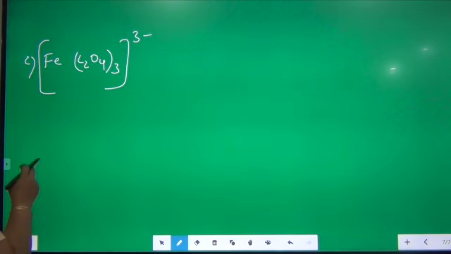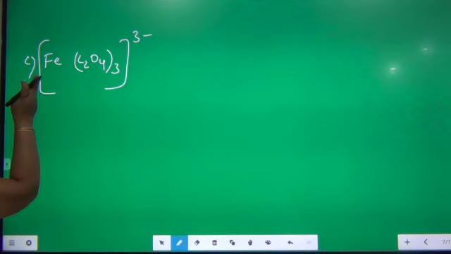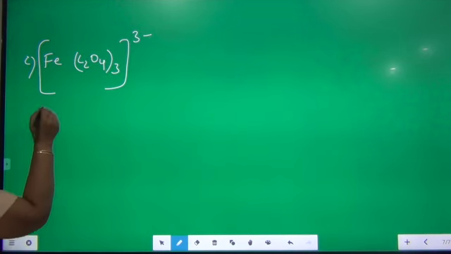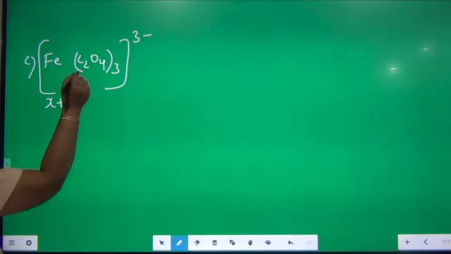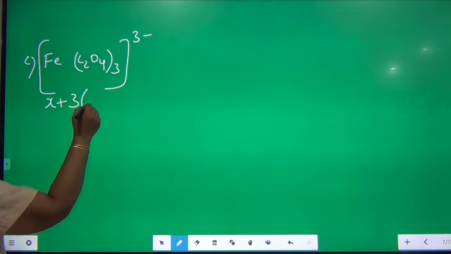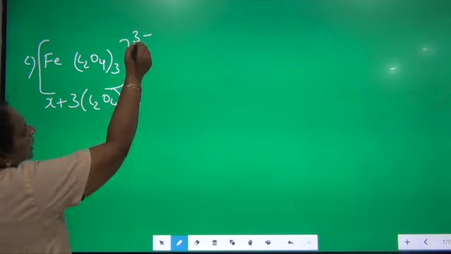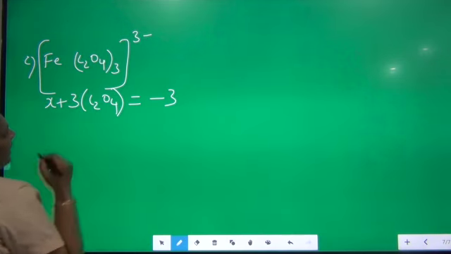So we are going to find the charge of the central metal ion now. As iron is unknown, I don't know the oxidation state, I am taking it as X. So X plus, there are 3 oxalate ions, 3 C2O4, that is equal to the charge of the complex, that is equal to minus 3.